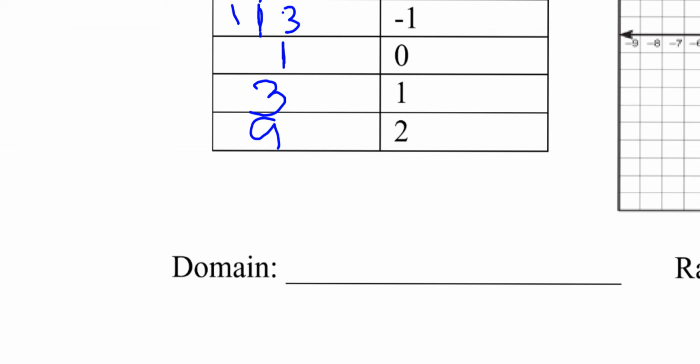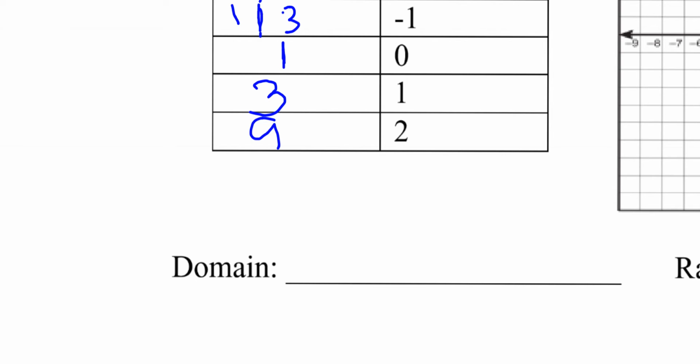And we'll go ahead and graph it. And again, the 1/9 and the 1/3, you're going to really have to estimate those on the t-chart. So 1/9, -2 will be somewhere right in there. 1/3, -1 will be right about there. 1, 0 is right there. 3, 1, and then 9, 2.